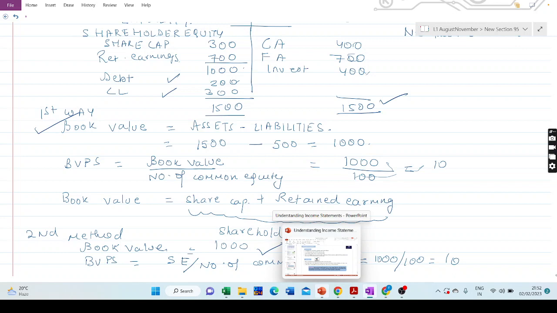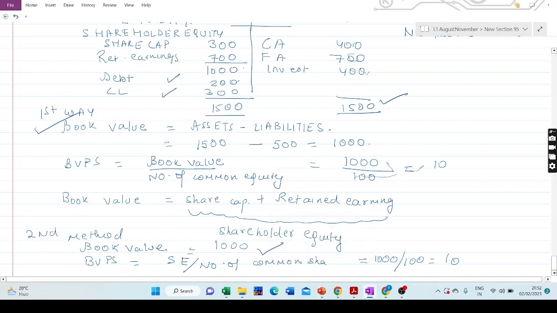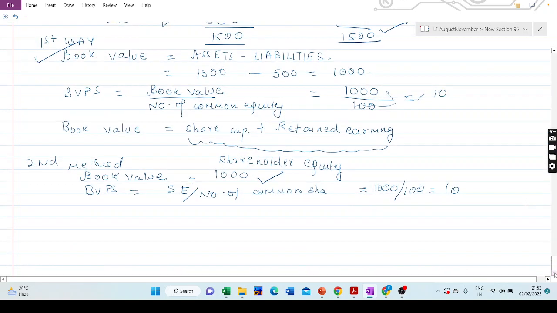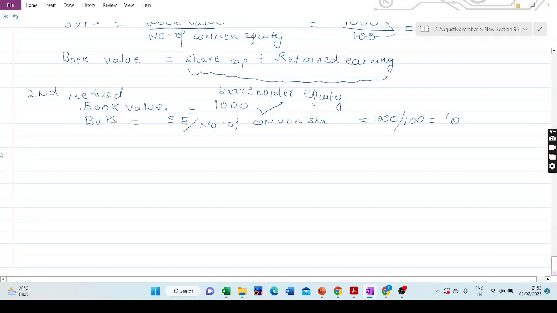Now if the price of the stock is 30, what is the price to book value? 3. 30 by 10, which is 3.